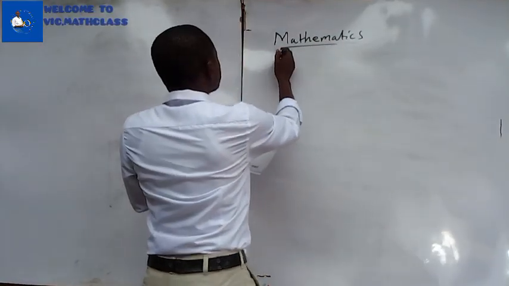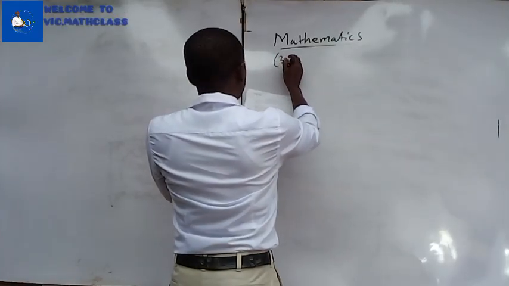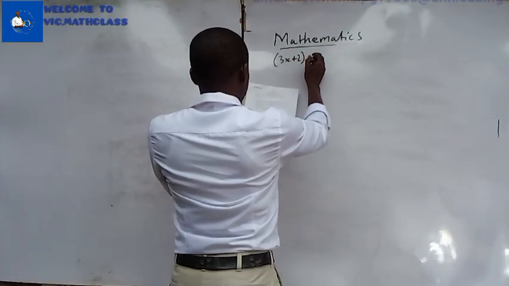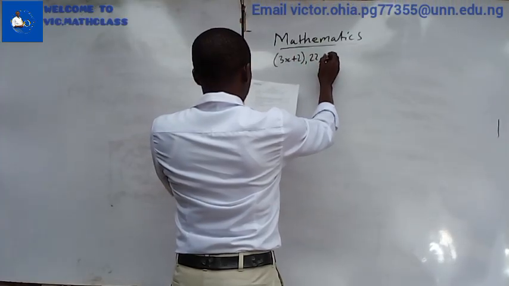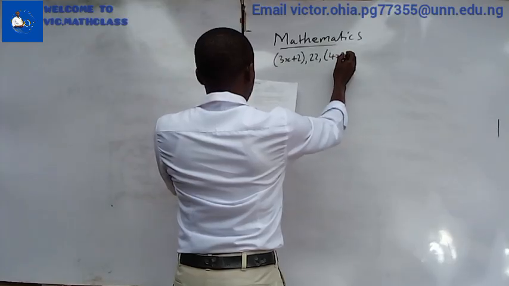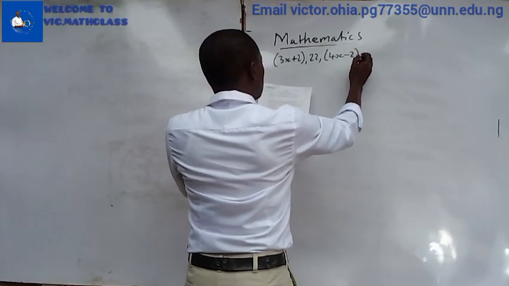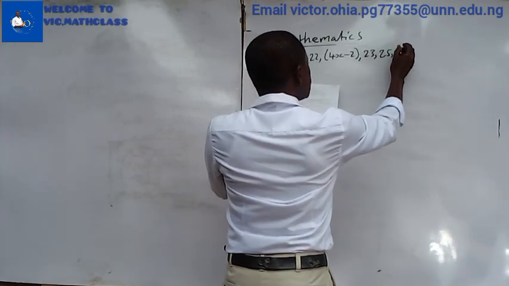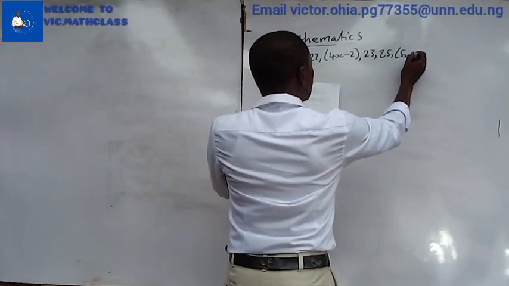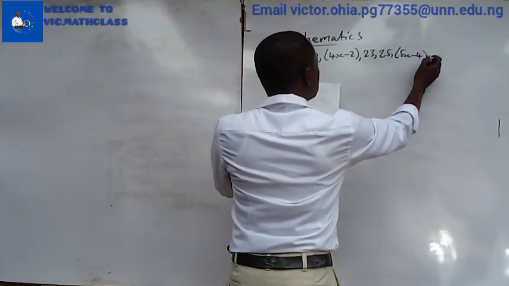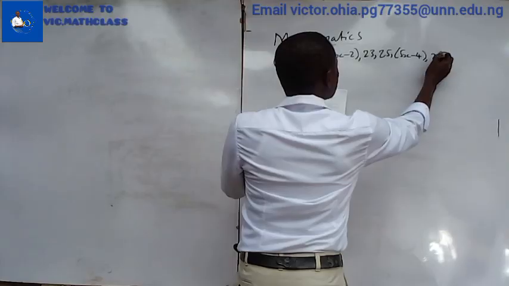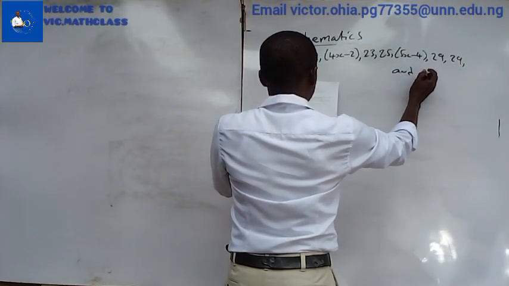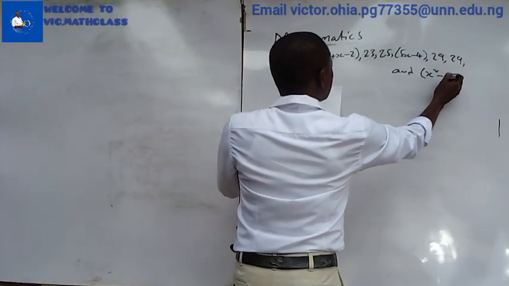So we have the first score as 3x + 2, then 22, then (4x - 2), then 23, then 25, then 5x - 4, then 29, 29, and finally (x² - 7).